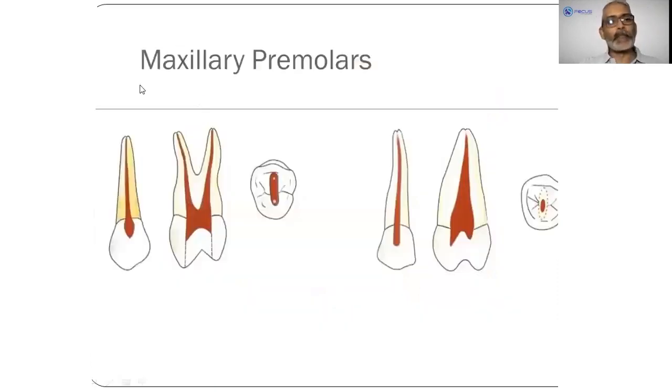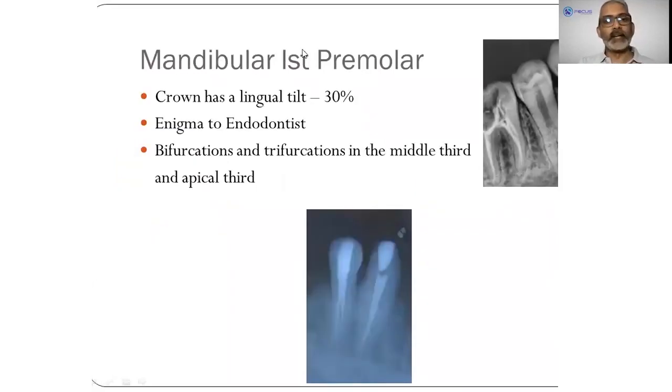So coming on to the maxillary premolars again. The maxillary premolars have different types of root canal patterns, as we saw in Wien's classification and Bertozzi's classification. In the case of the mandibular premolar, many questions have been asked.